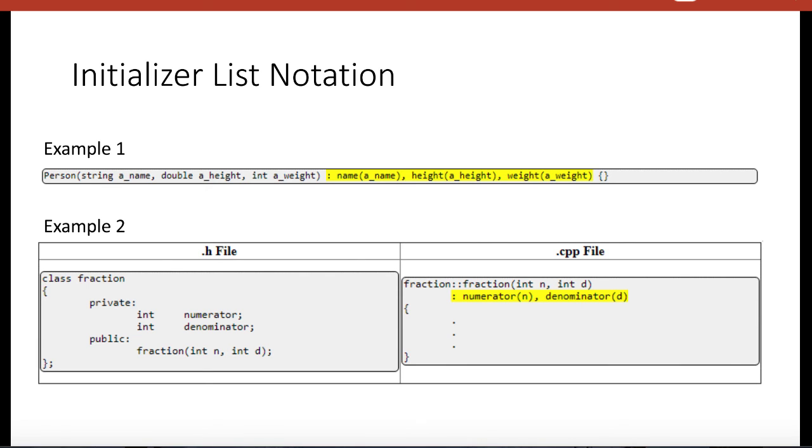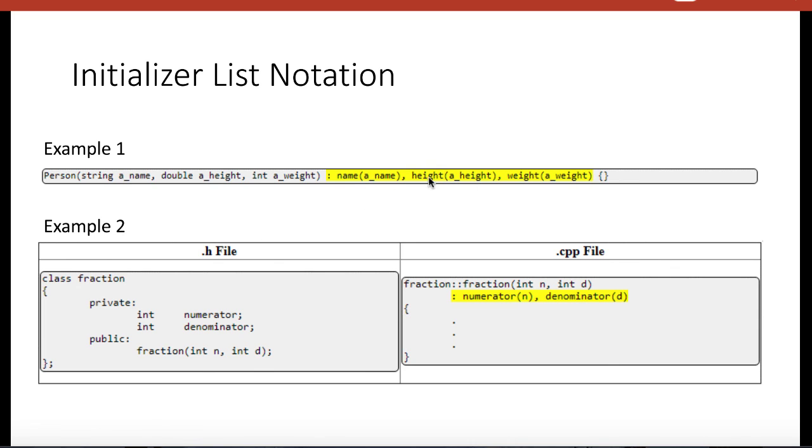Here is another example. One interesting thing I will note is that we have the prototype here in the fraction class, and then we have the initializer list here with the definition. So keep that in mind when building your initializer list: if you want a definition that has meaning apart from just being empty, you must put your initializer list with your definition.